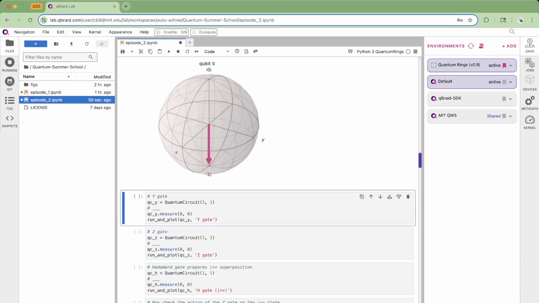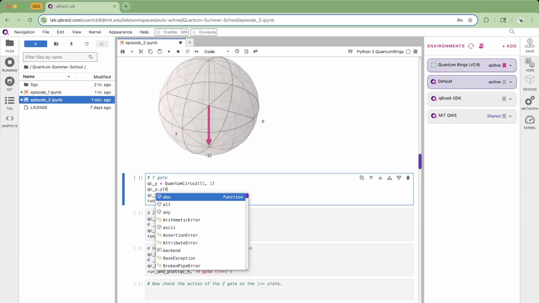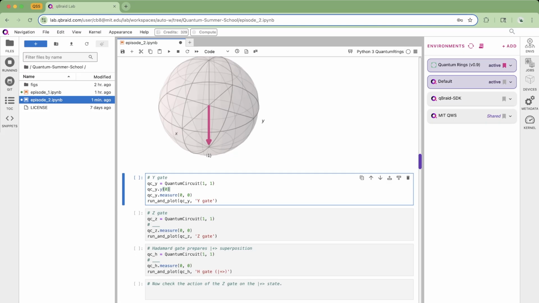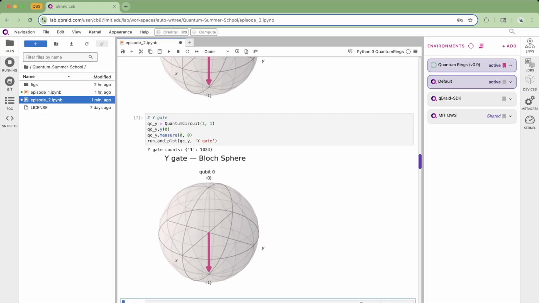We can also show a Y gate, by applying a Y gate on the 0th qubit. This will also flip our state from 0 to 1, but it will do it in a different way. Instead of rotating around the x-axis, we'll rotate around the y-axis.